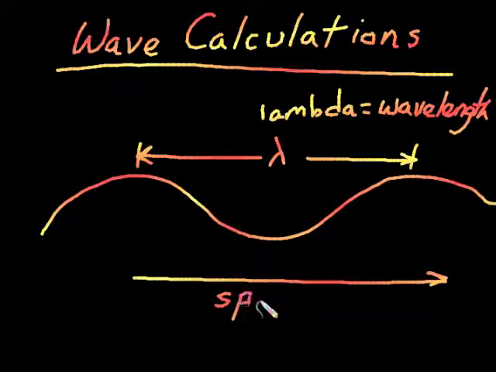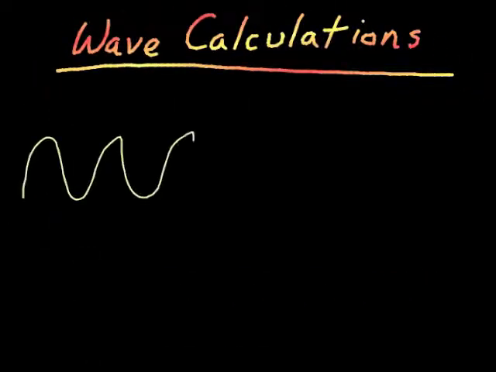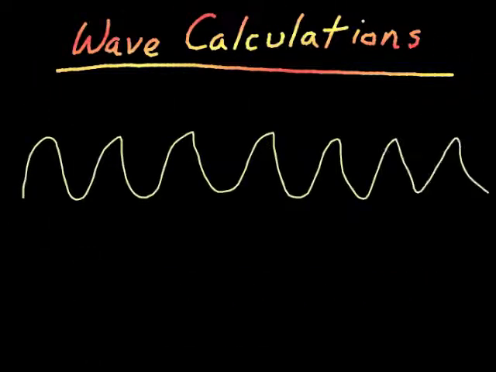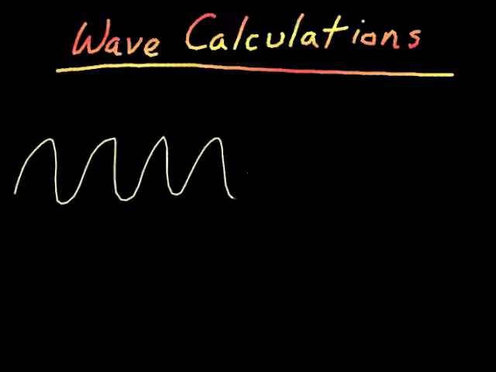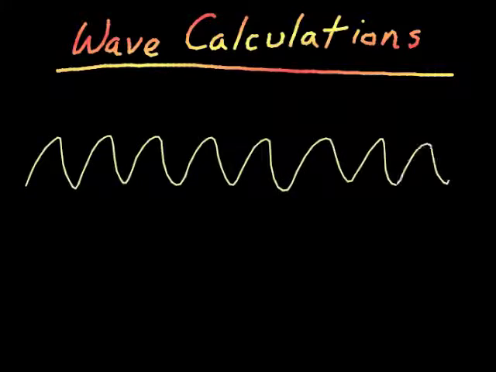And the wave would be traveling from left to right or right to left at a certain speed in meters per second. Okay, so here's a wave going by at a certain speed with a certain wavelength.